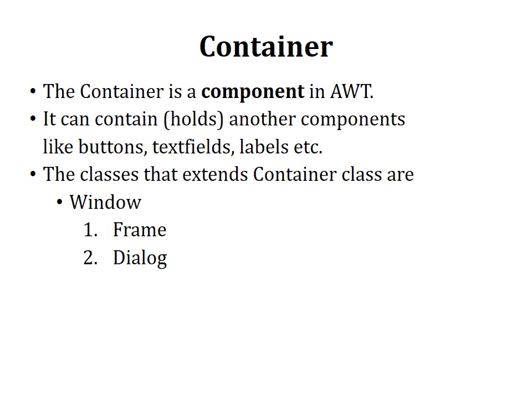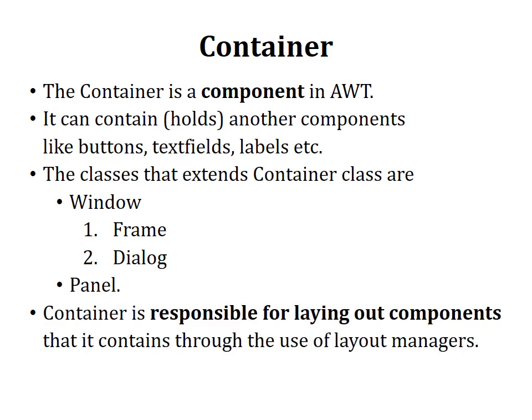The classes that extend container class are window class and panel class. The window class is subdivided into two other classes, frame class and dialog class. Important point over here to note is that container is responsible for laying out the components that it contains through the use of layout managers.